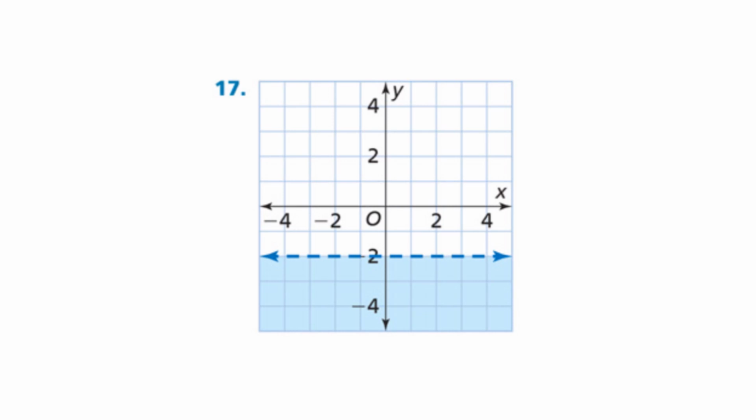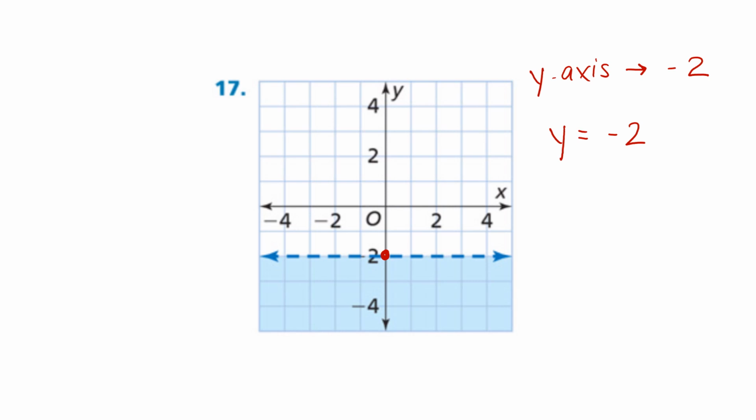Number 17, writing the equation of the inequality. We want to note that our inequality starts on the y-axis at the point -2. Our equation would be read as y equals -2 because the line is not going up or down, it's just straight across.